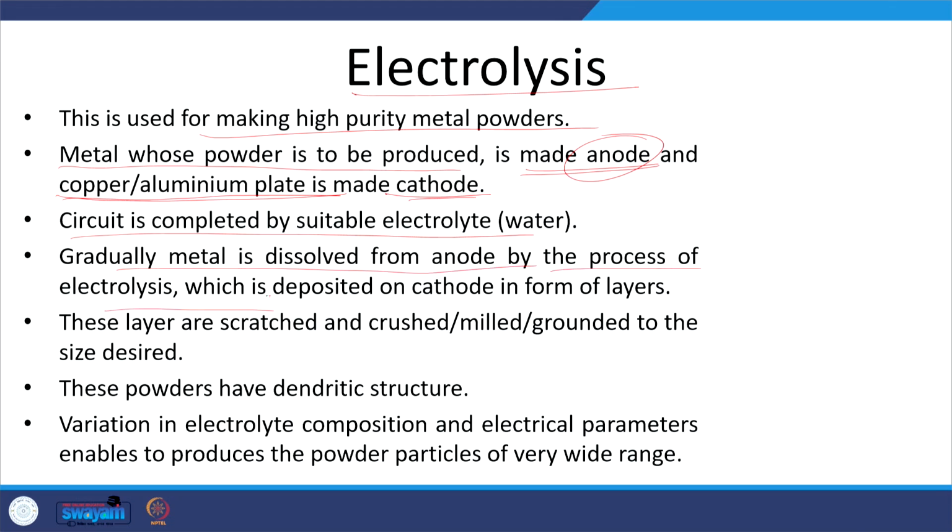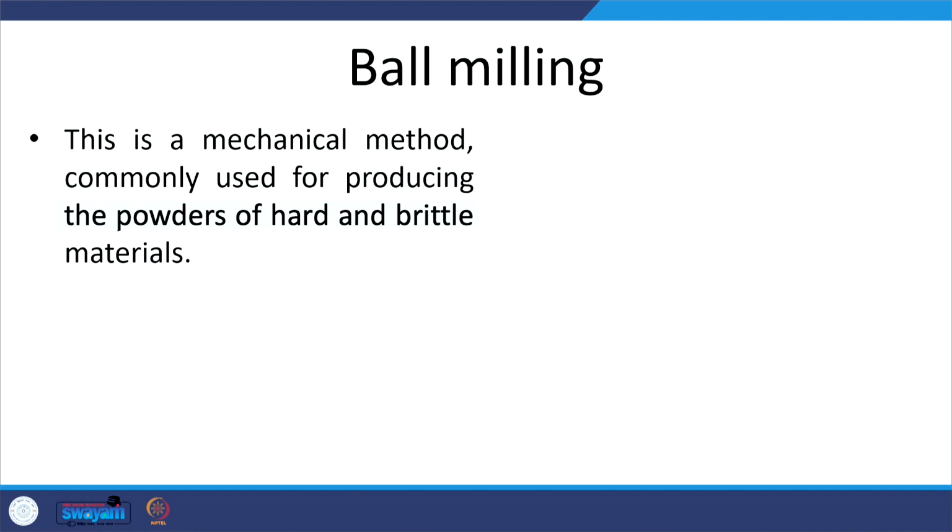The material is deposited on the cathode in the form of layers, and these layers are scratched, crushed, milled, ground to the desired size, and then graded. The shape of the powders produced by this approach is dendritic, and variation in electrolyte composition and electrical parameters enables the production of powder particles of a wide size range.